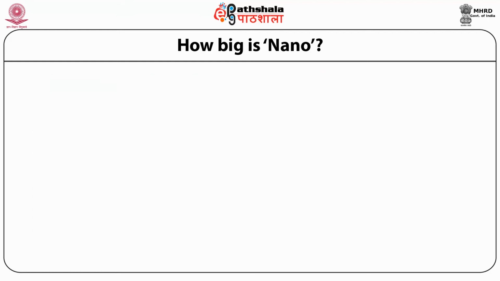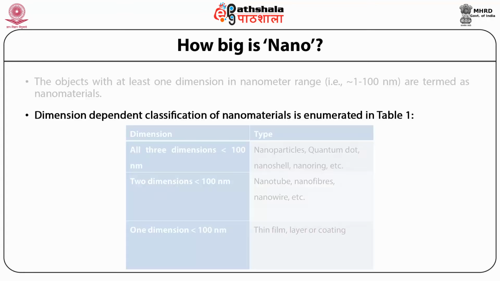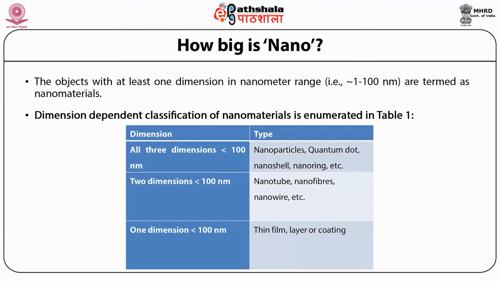Now, we can classify the nanomaterials according to their dimension, that is, the objects with at least one dimension in the nanometer range, that is 1 to 100 nanometer, are termed as nanomaterials. So they have been tabulated over here.